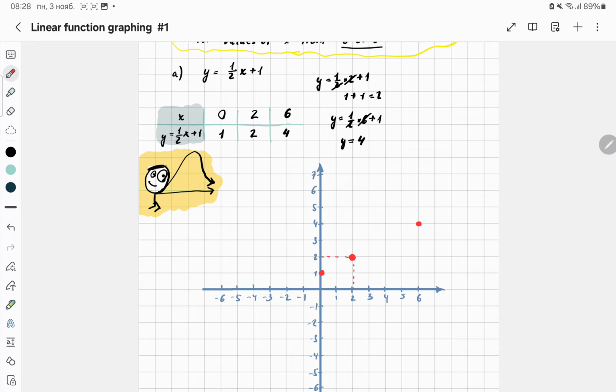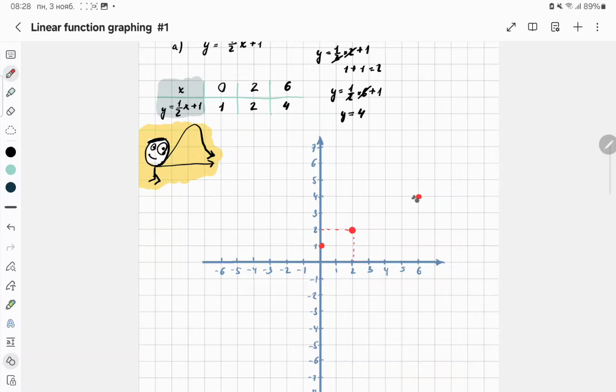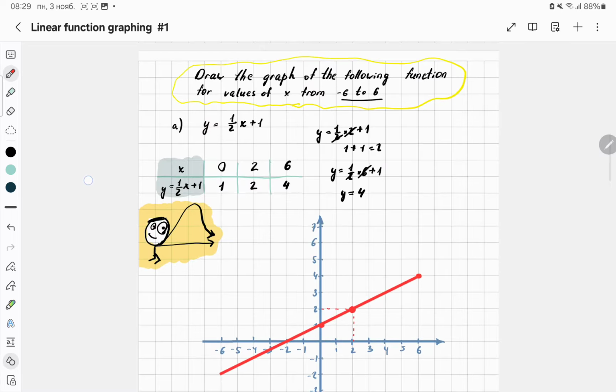Now we can connect all these points using a straight line. You can use a ruler, and from -6 to 6 we connect all these points. Here we go. This is the straight line for this case.